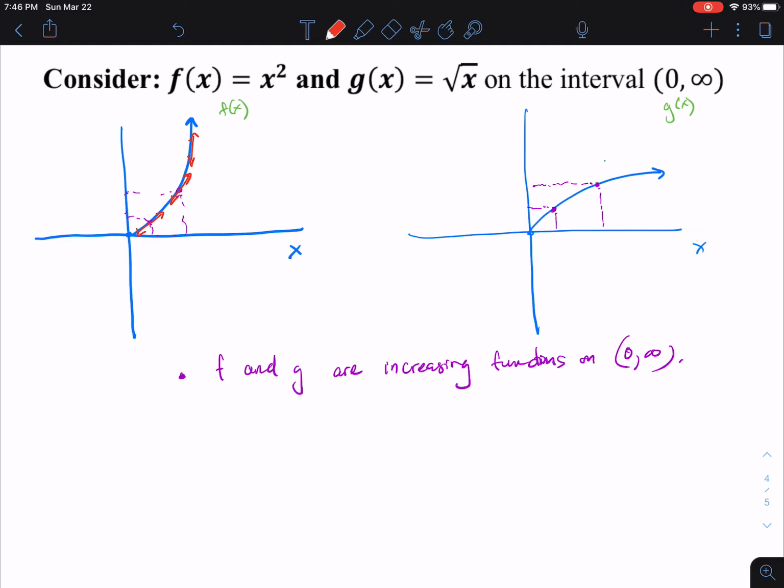And now look at g prime of x. What do we notice here? The slopes of the tangent lines are positive, but also increasing. So as we increase the x value, the slope of the tangent line gets steeper and steeper, whereas here, the slopes of the tangent lines are getting less steep and less steep as x increases.